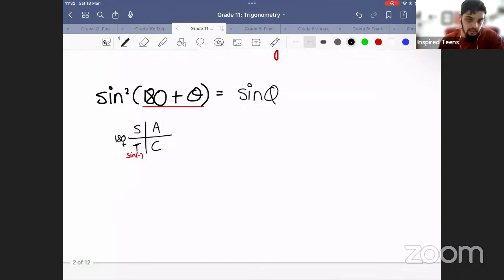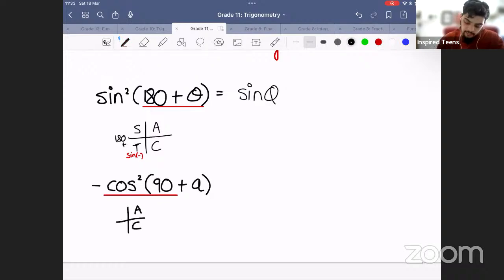Now let's do another. If the negative already exists, say negative cos squared (90 plus alpha). Firstly we know we're dealing with cos 90. Let us look at our CAST. 90 plus, cos is negative, but you cannot get a negative from the reduction.